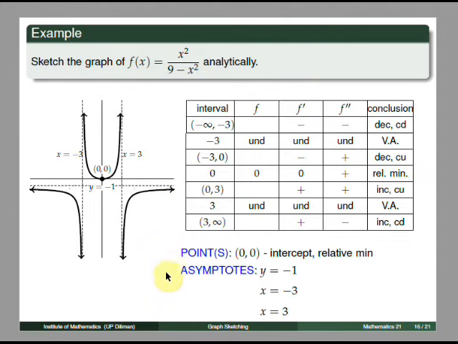Nice! This is the graph of our rational function x squared over 9 minus x squared. We have graphed this function analytically using our previous knowledge. Very good. Let's move on to the next example.